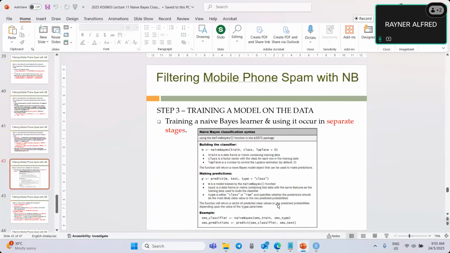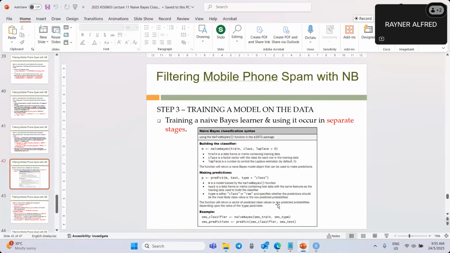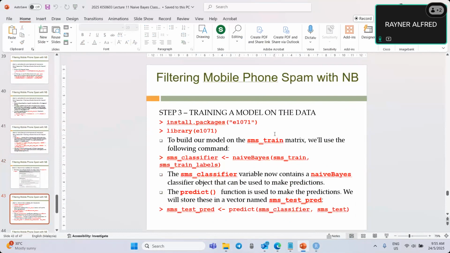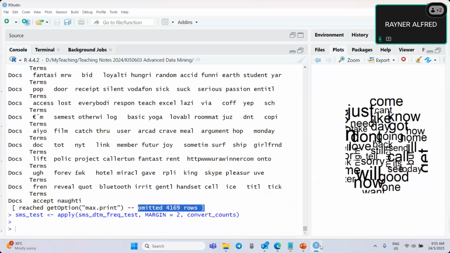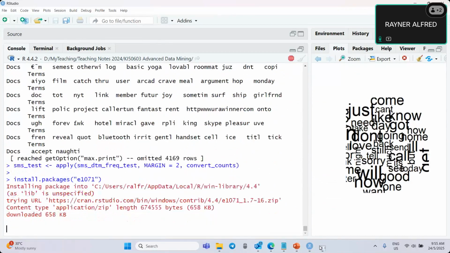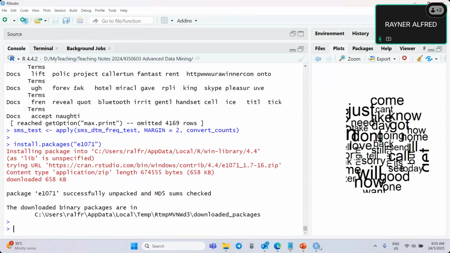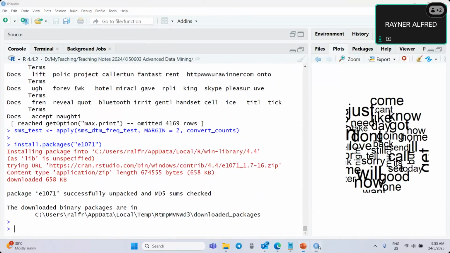Having that, we can use the naive Bayes classifier. First we need to install this package and then load it into memory.